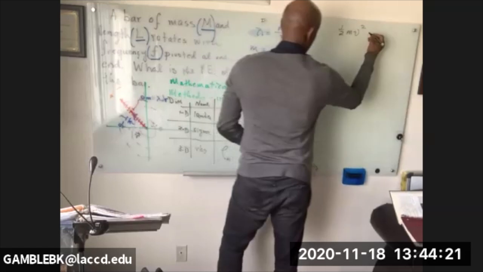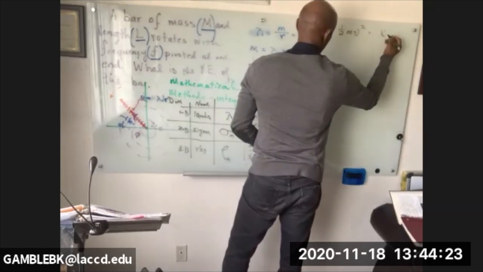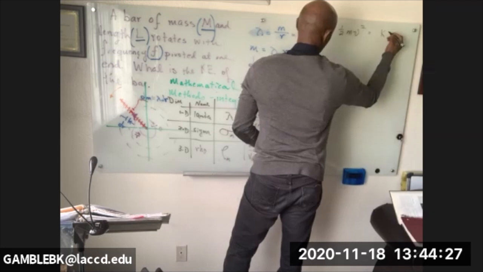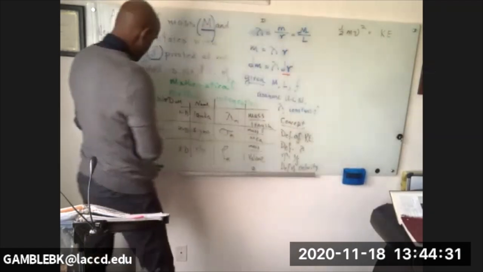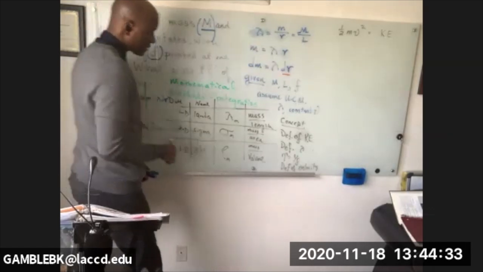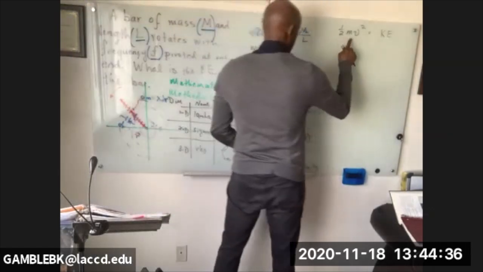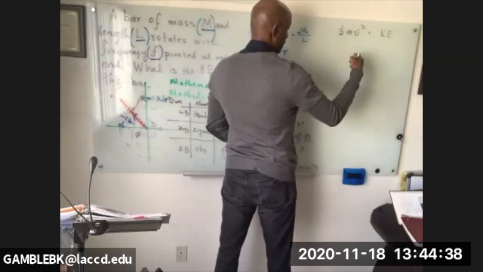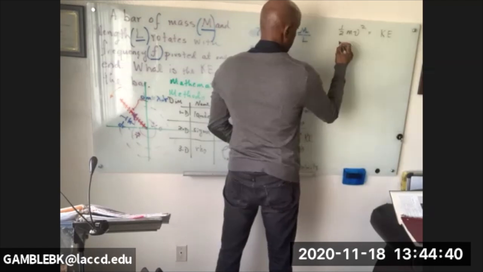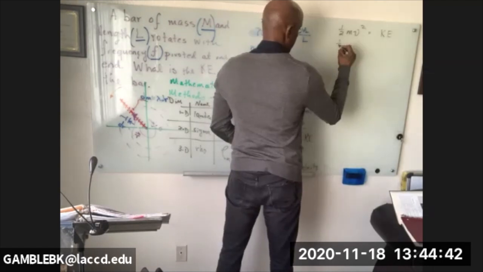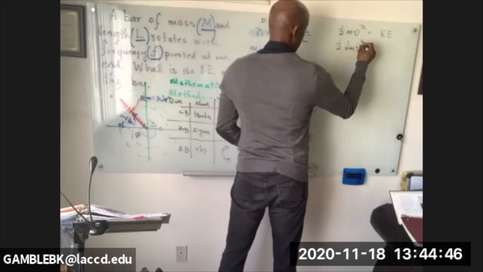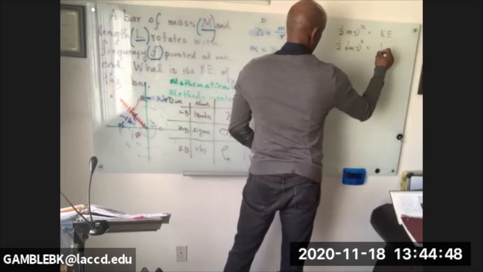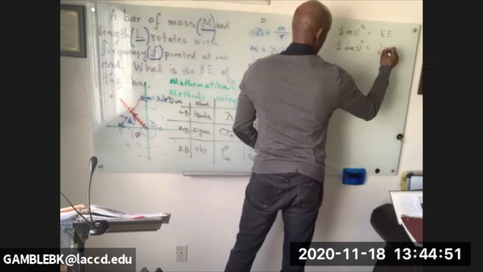If I have a differential element that has a certain speed, its mass is going to be a differential, dm. So I would have 1/2 dm times v squared equals a dKE.